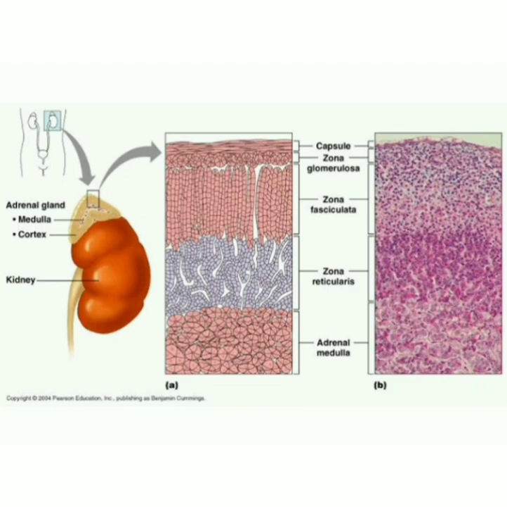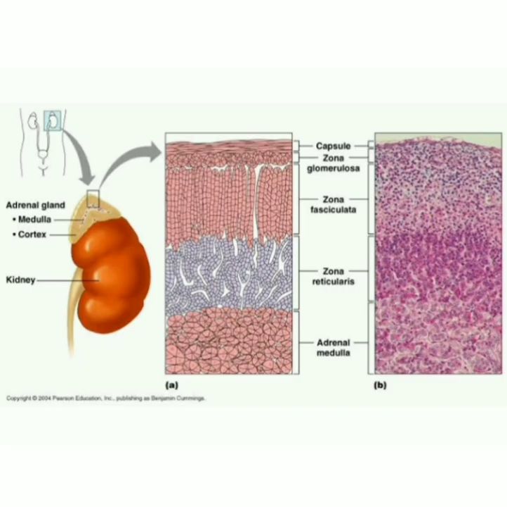The cortex has three layers: zona glomerulosa, near the capsule, zona fasciculata, the middle layer, and zona reticularis, the innermost layer of the cortex. The inner layer is the adrenal medulla, and it consists of a lot of blood vessels.